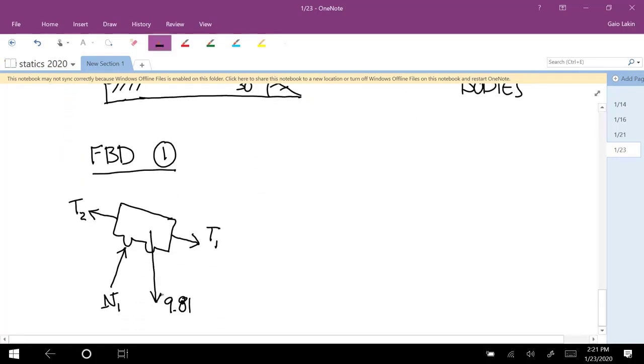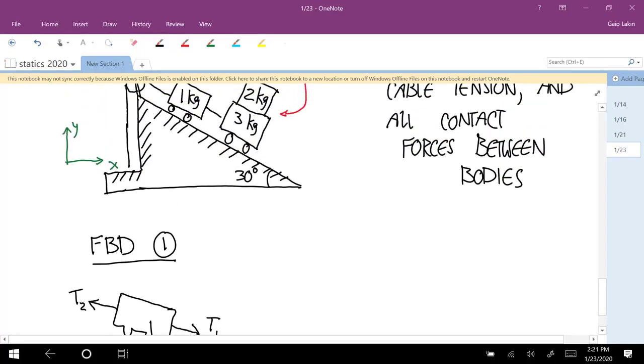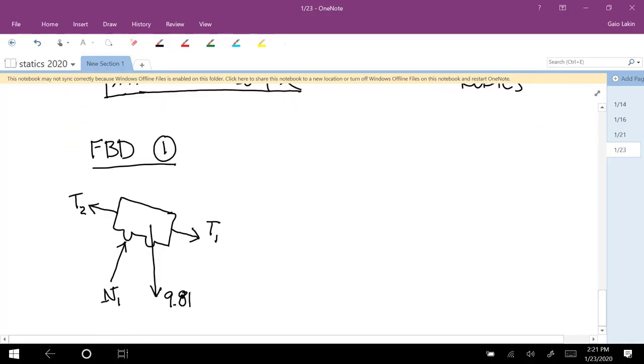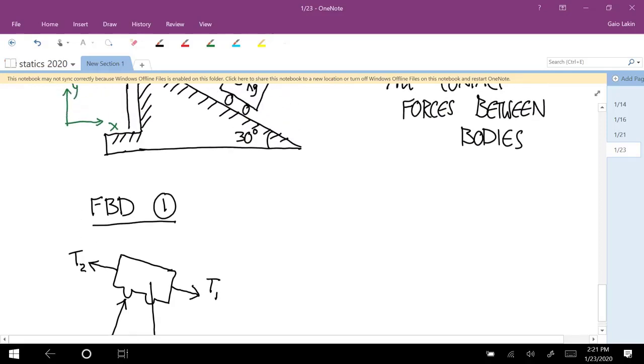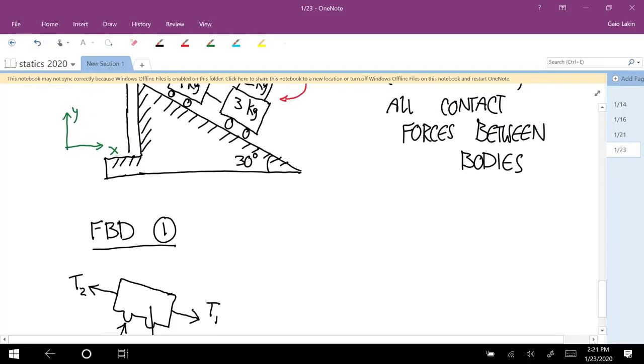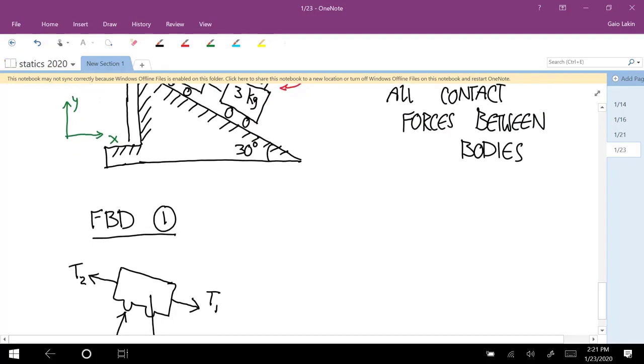Well, the weight force is easy. That's in the direction of our negative y. But the cable forces and the normal force, we have to think about those directions. All right, so how are we gonna come up with unit vectors for those? That's what we need.